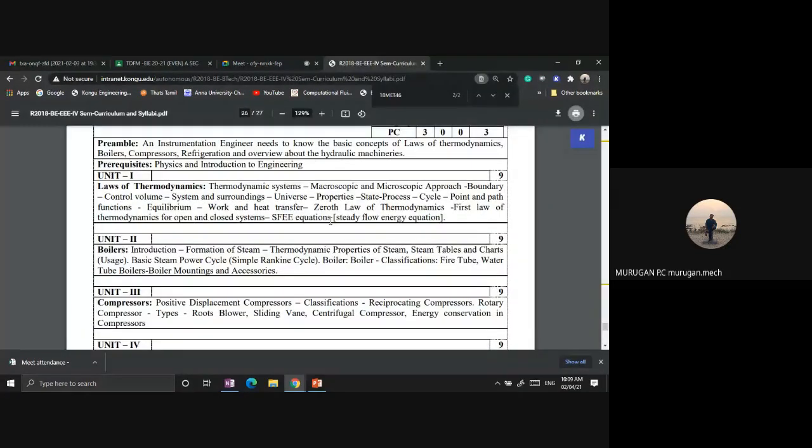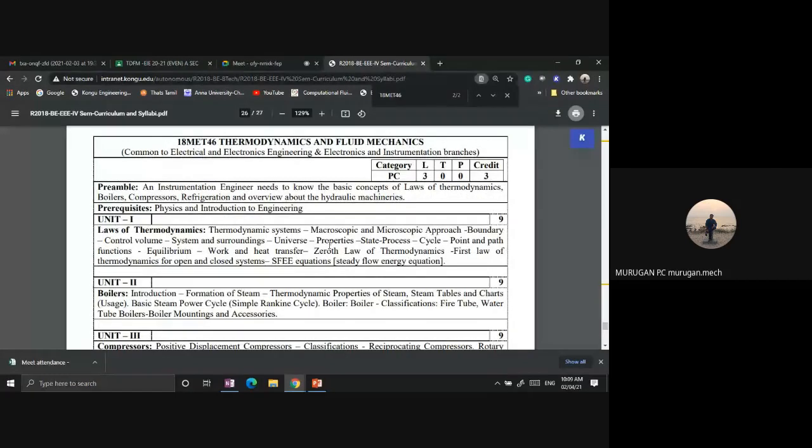So this is the syllabus that you are going to study, the subjects, the syllabus for TDFM. First, our code is 18MET46. The code you must remember, and the subject is thermodynamics and fluid mechanics.